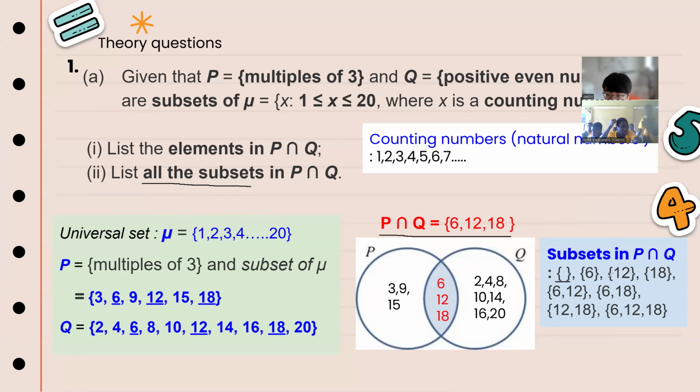That's still a set, just a set of nothing. We can have a set of just a single value, like 6, 12, or 18. We can have a set of two numbers inside, so 6, 12, or 6, 18, or 12, 18. Or another subset is all three numbers included, 6, 12, and 18.